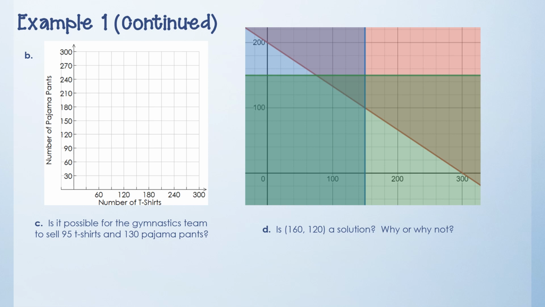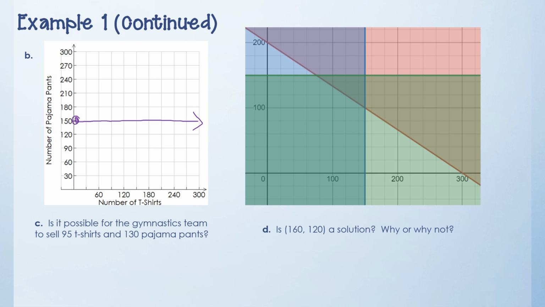So for the pajama pants, the most number that they could sell is 150. So that should have been just a horizontal line at 150. Now the other side can have an arrow because this could keep going past 300 on my graph. The shading is where the solutions are. So this line can continue on, but that doesn't mean that my solutions fall over there.